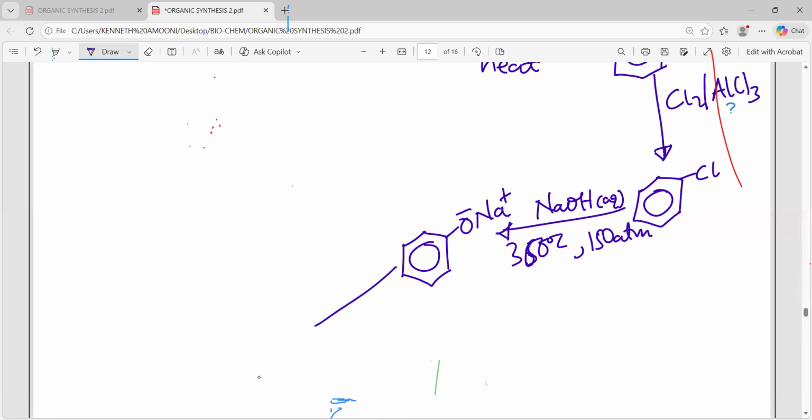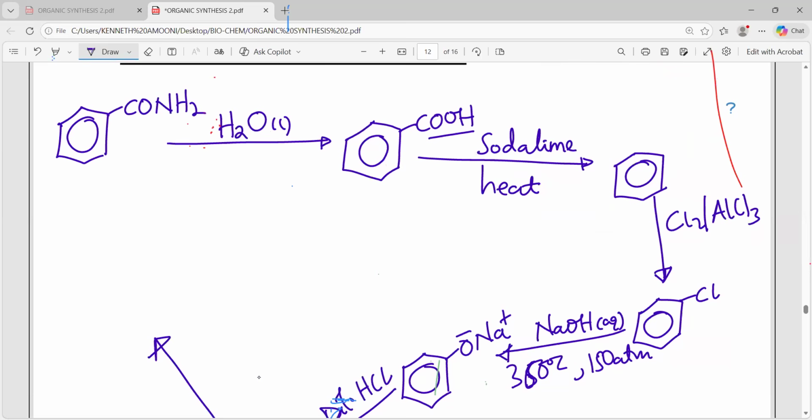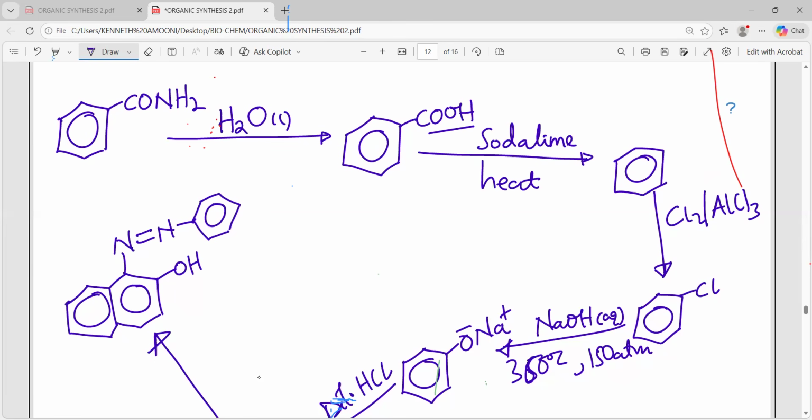And then sodium phenoxide can give us phenol. We just have to hydrolyze that using a dilute acid, and to give us phenol, we shall just use dilute hydrochloric acid. Then from phenol, I can move to the final product, the azo dye.